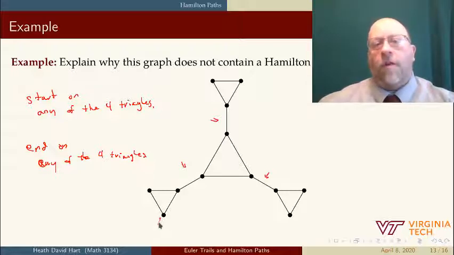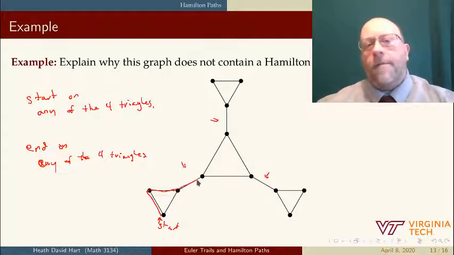If I start here, I can go around the triangle. I can't come back to here because I'm not allowed to repeat this vertex. But I can keep going. I can go up this triangle. And if I start around up here, I reach a dead end. But if I go down, then I never have a chance to get back to this triangle.